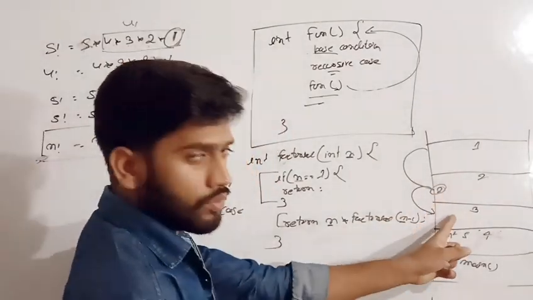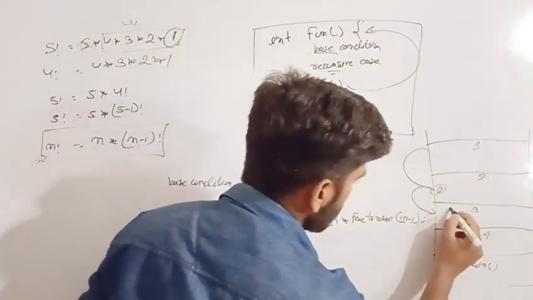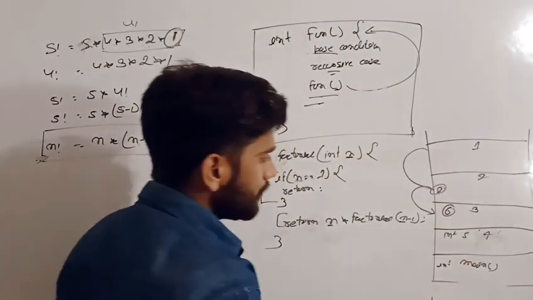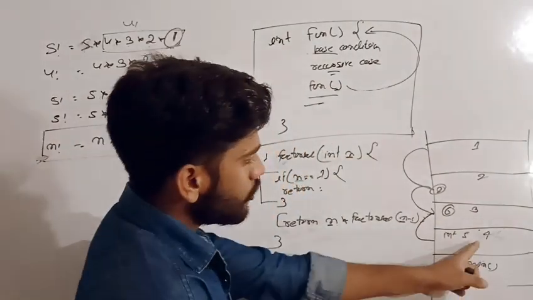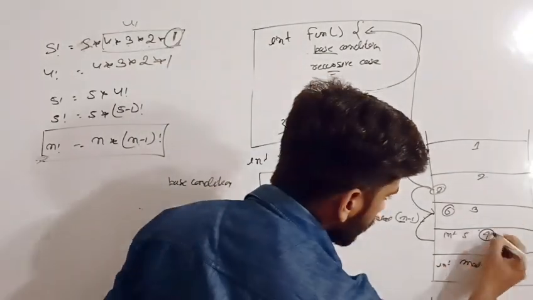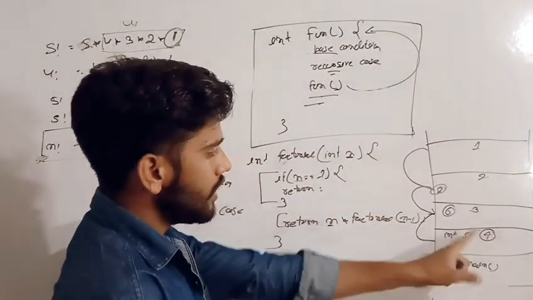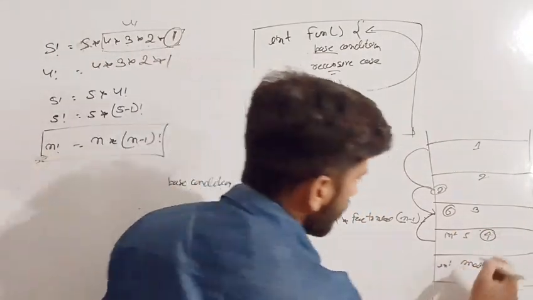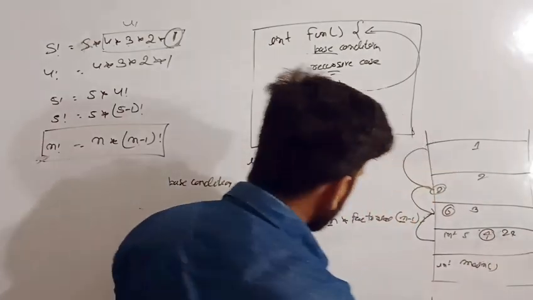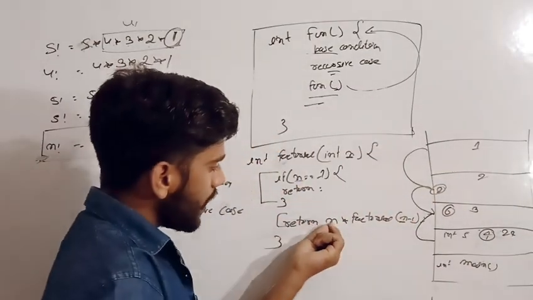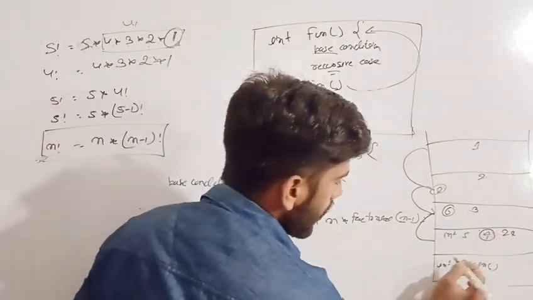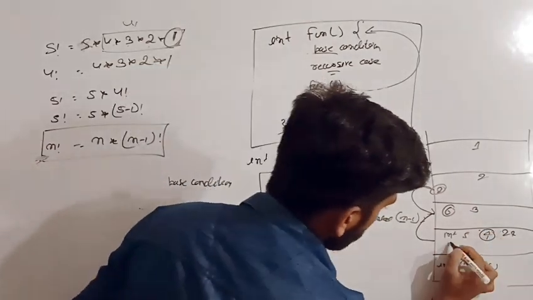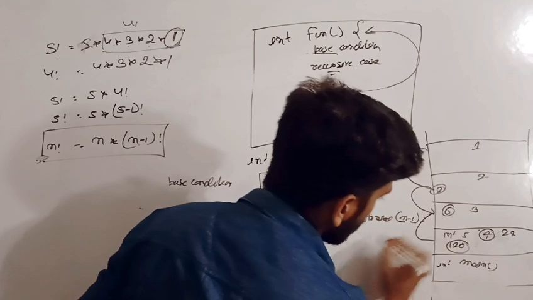Then 2 into 3 is 6. Here 6 into 4 means 24, and 24 is multiplied with n, which is 5. 24 into 5 is equal to 120.